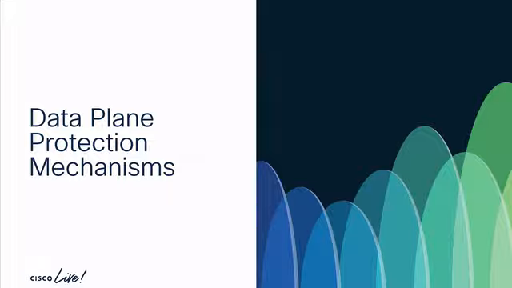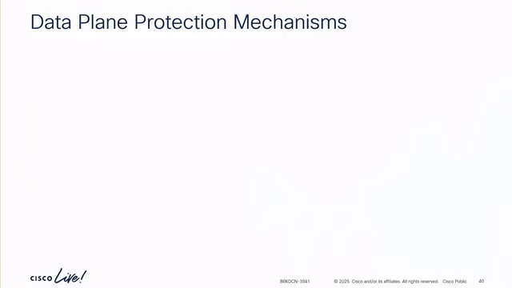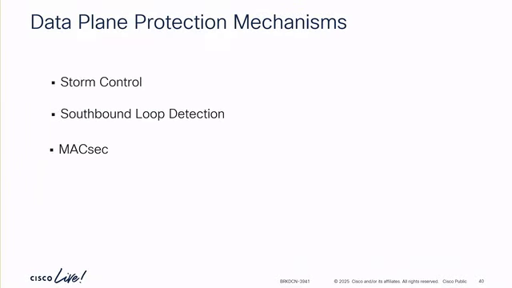So now we're going to continue on with this theme of protecting the data plane. We ended with IP source guard that was between the endpoint and the switch. Now we're going to talk data plane protection between switches. There are several data plane protection mechanisms we're going to cover today, and they address different security problems.